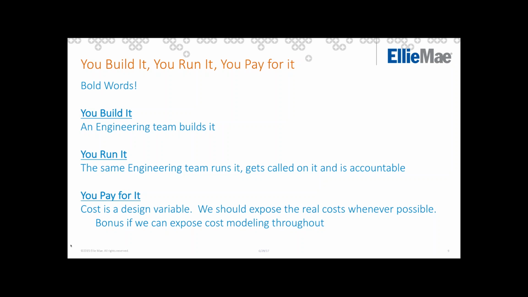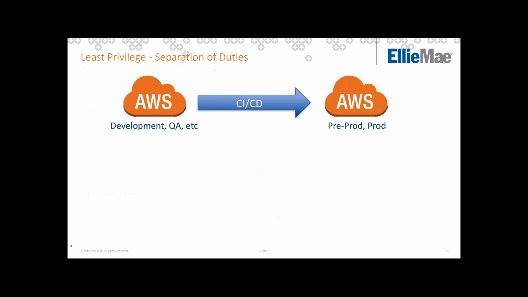And if you make lots of money, maybe this last bullet is not that important. But most of us are trying to be very competitive in a market. So it's definitely the least concern on here, but it's definitely one that we should be thinking about. So, least privilege.